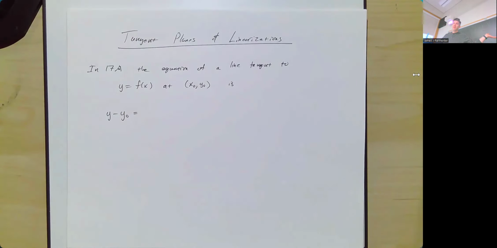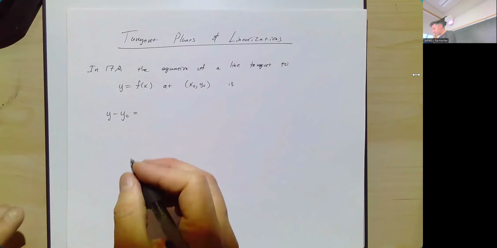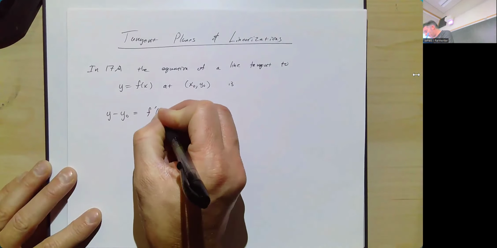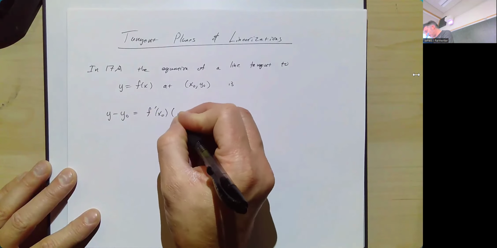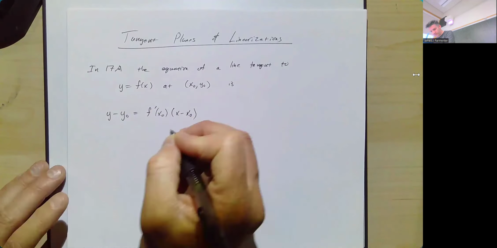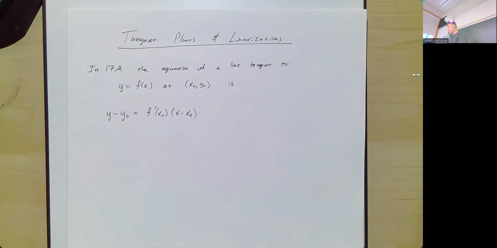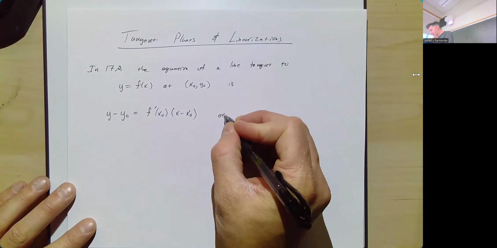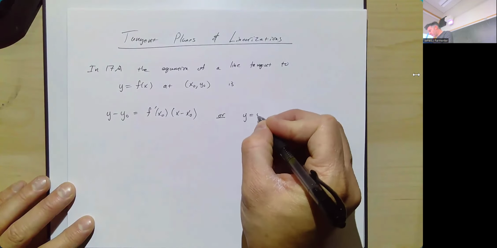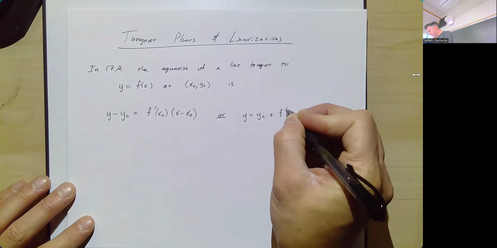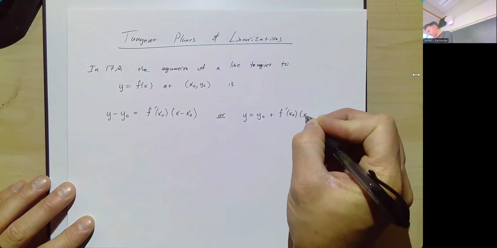What's the thing we spent most of 17a doing? You use the derivative to find the slope of the tangent line. That's one of the main interpretations of what a derivative is. So it's f prime of x naught times x minus the x coordinate. Or often written as y equal to y naught plus f prime of x naught times x minus x naught.